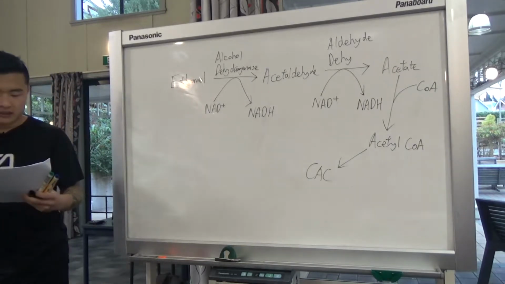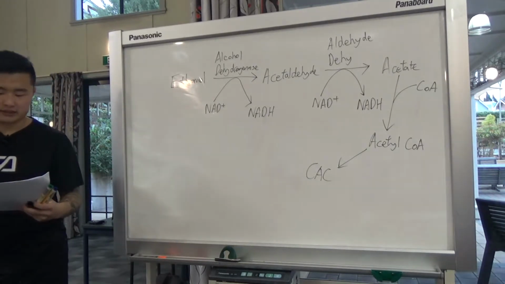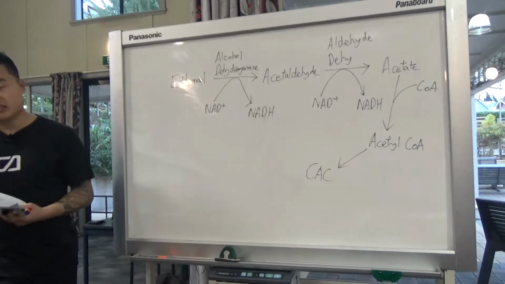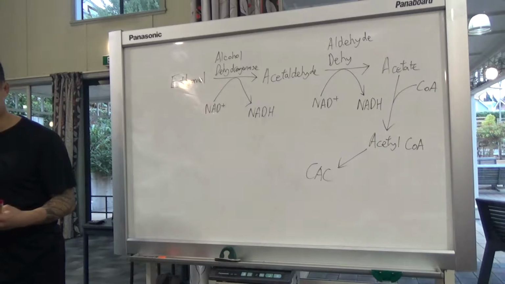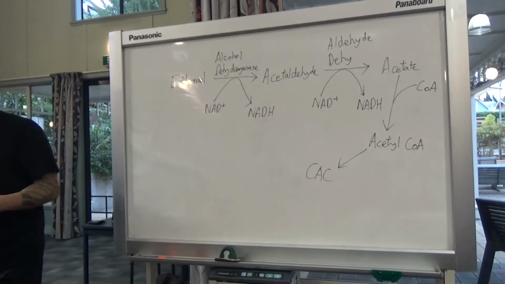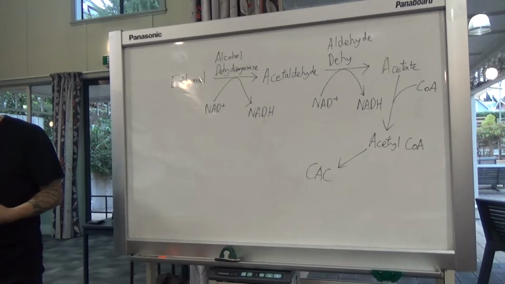And the NADH will lead to more ATP production via the electron transport chain. And so this causes a decrease in the ADP concentration and a rise in ATP concentration inside the liver cell.